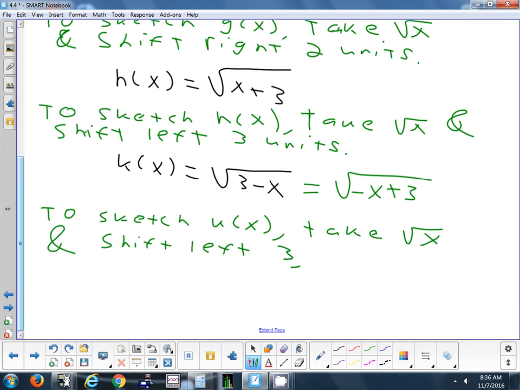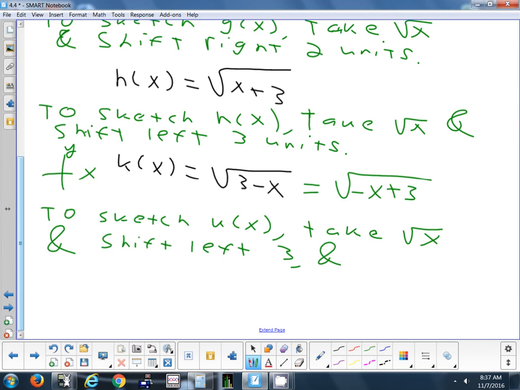And what about that negative in front of the x? What's that going to cause to happen? Yeah, it's going to be a horizontal reflection, which means, if you're reflecting horizontally, that's going to reflect over the y-axis.